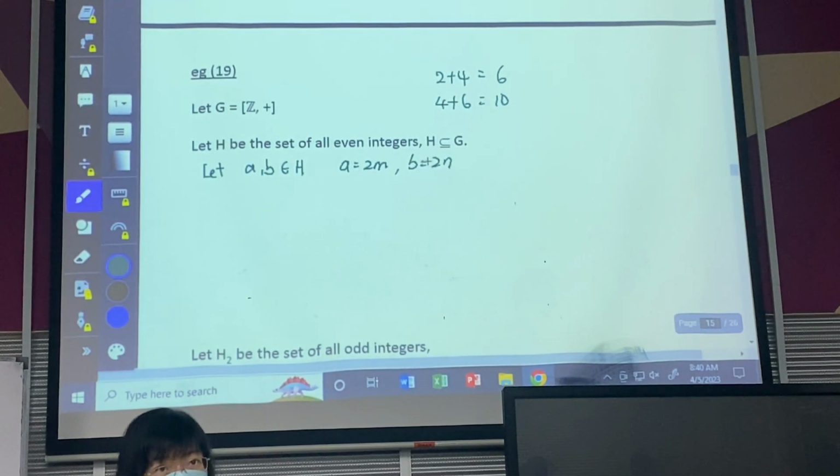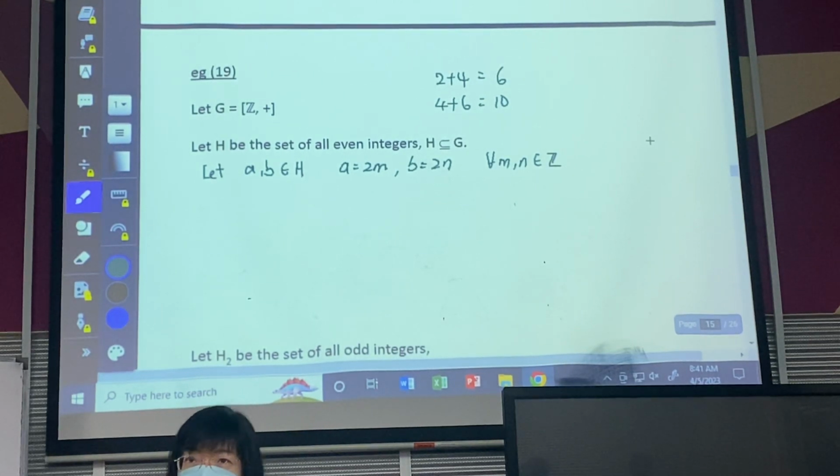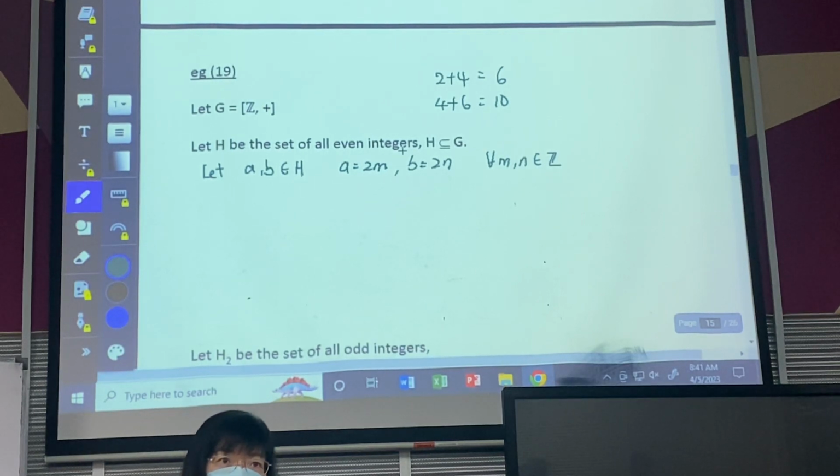What are m and n? So m and n belong to the integers. They can be any integer, as long as you multiply by 2, you get back an even number.